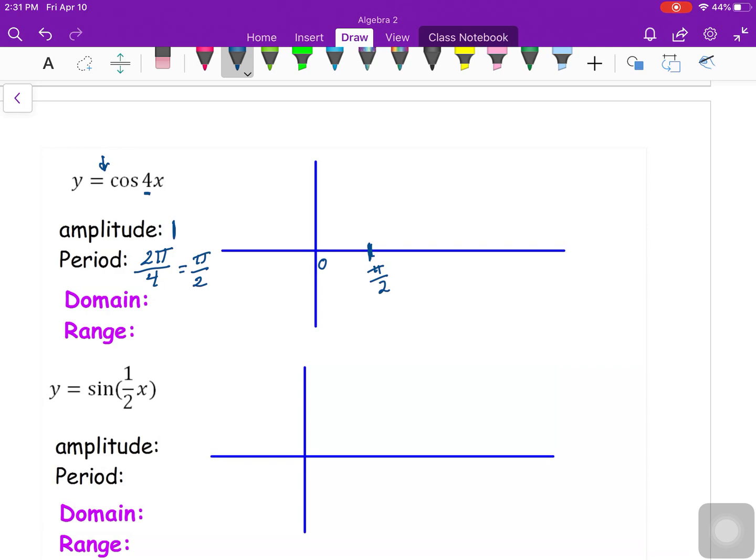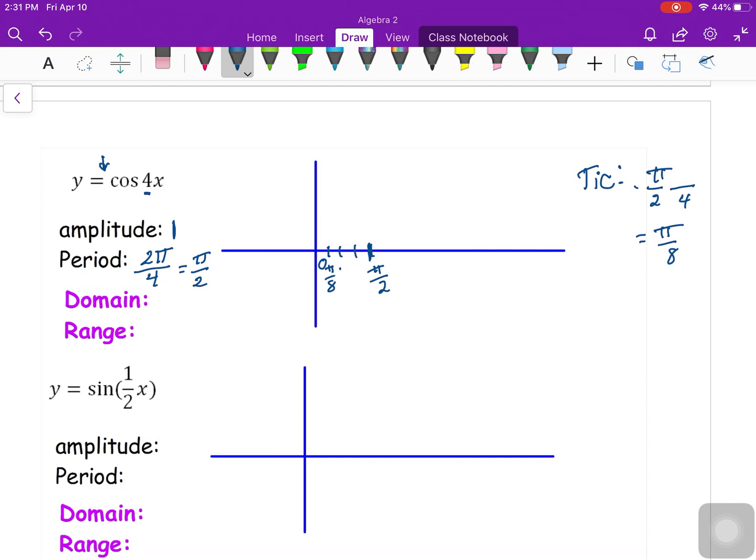So B will be a horizontal stretch. So I'm going to divide that into fourths. So every tick mark divides your period into fourths. So my period is pi over 2, and I'm going to divide that into fourths. That gives me every tick mark is worth pi over 8. So this first one is pi over 8.